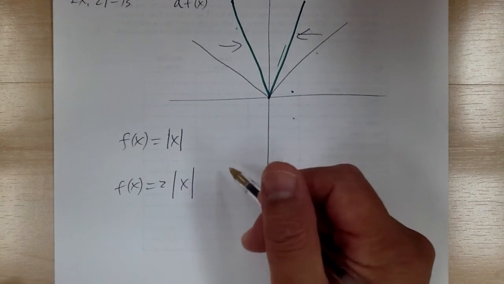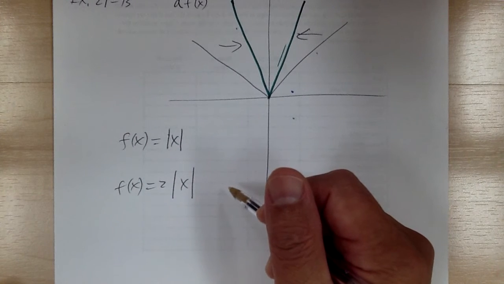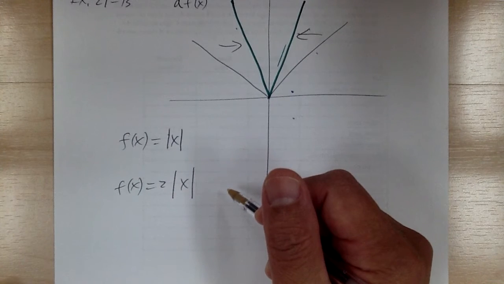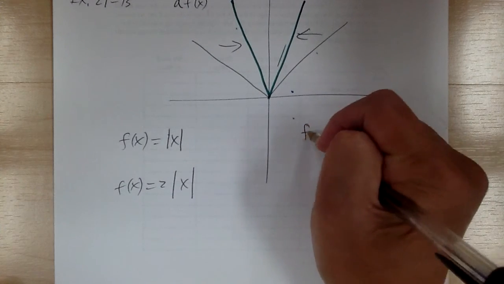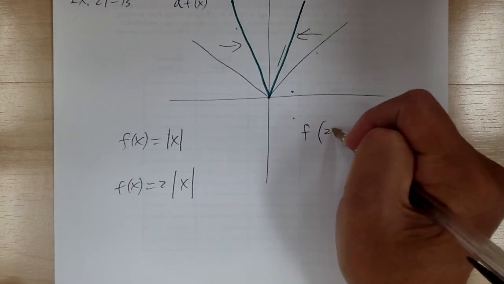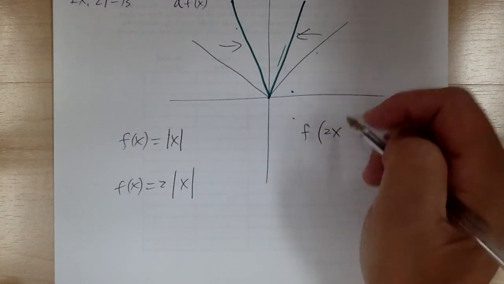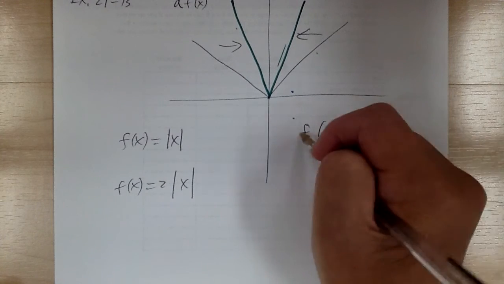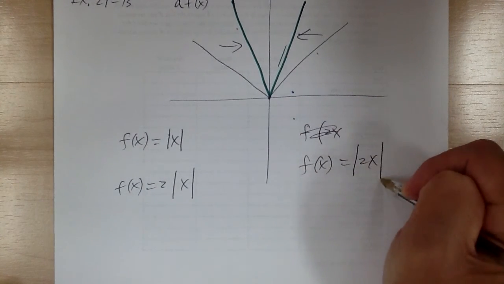Now, one thing you have to be careful about is when f of x equals the absolute value of 2x.